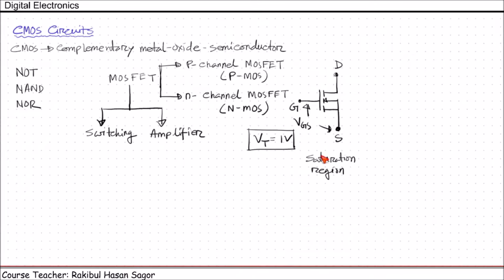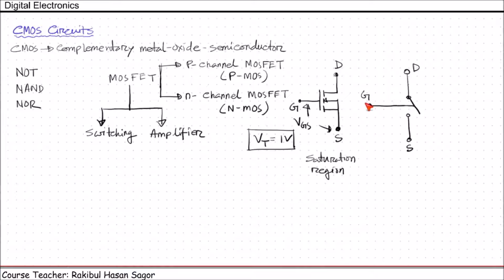In saturation region, the current from drain to source will be the highest, and we consider that this drain and source are shorted. So we can say we have drain terminal here, and this is the source terminal. This is a switch, and this is the gate voltage we are providing, which controls the switch.